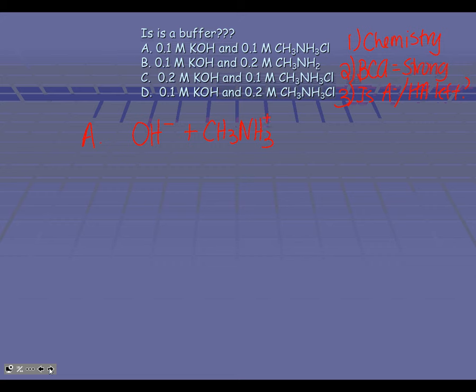This is our weak acid component. And when this reacts, our hydroxide is going to pick up a hydrogen from our methylamine and make water. And that's going to leave us with our weak acid minus a hydrogen, which is our A minus.